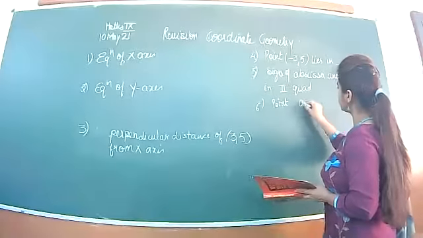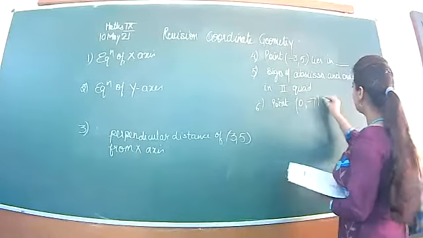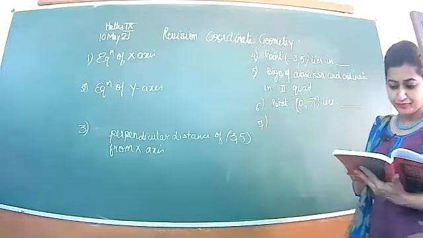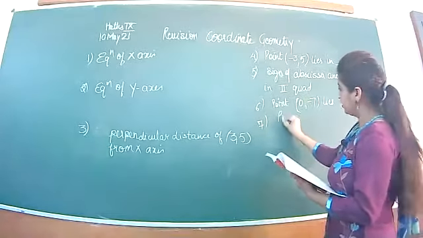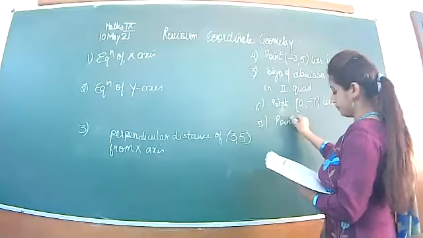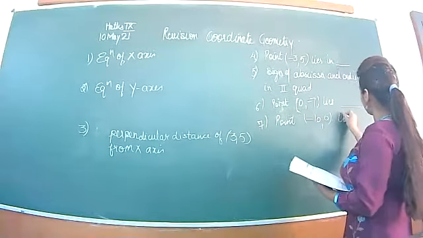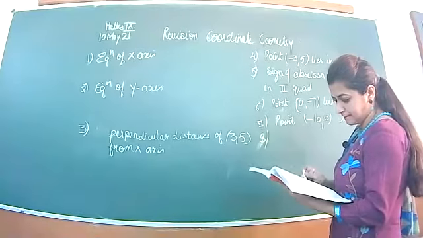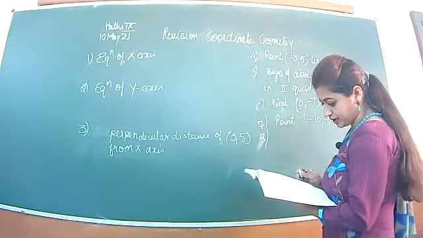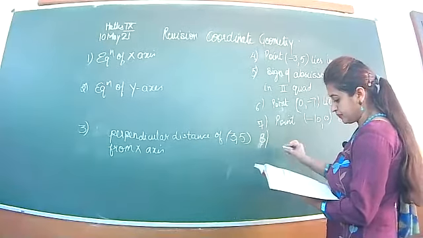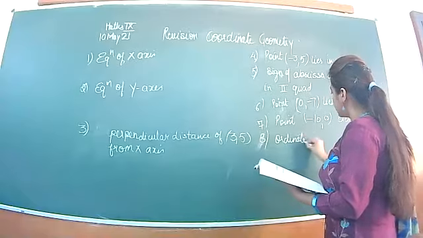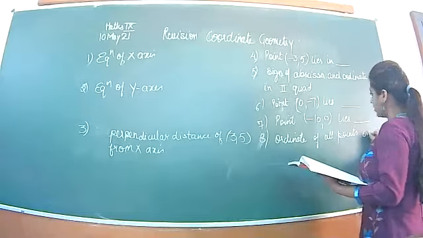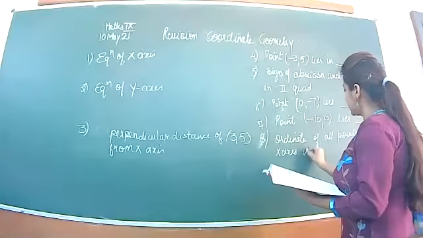Point 0, minus 7 lies, point minus 10, 0 lies. Ordinate of all points on x-axis is.